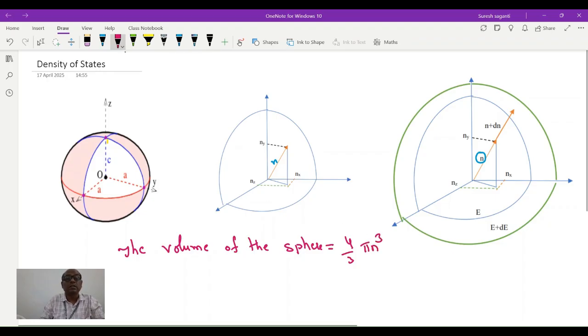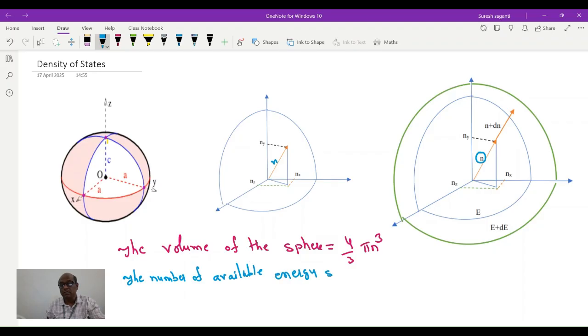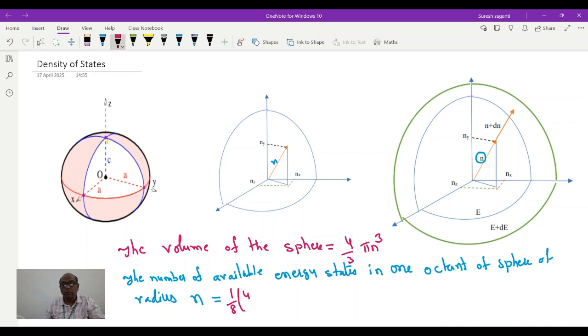As we are considering only one octant, the number of available energy states in one octant of sphere of radius n is equal to 1 by 8 into 4 by 3 pi n cube.